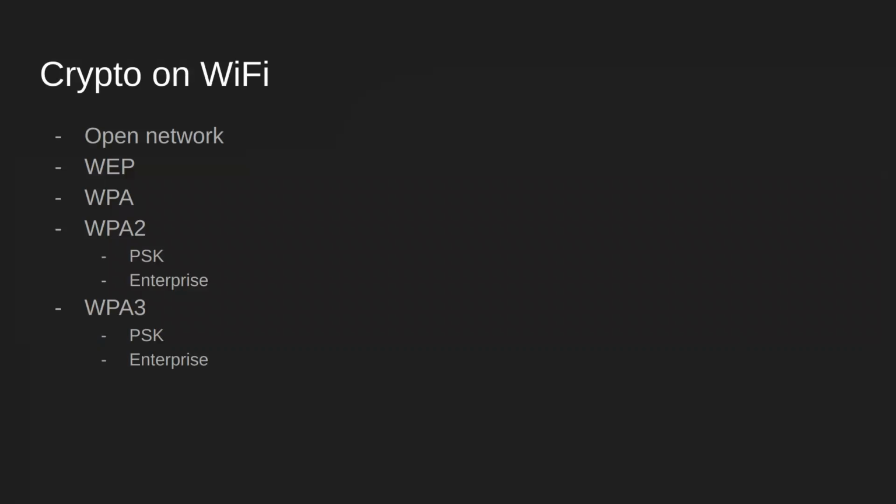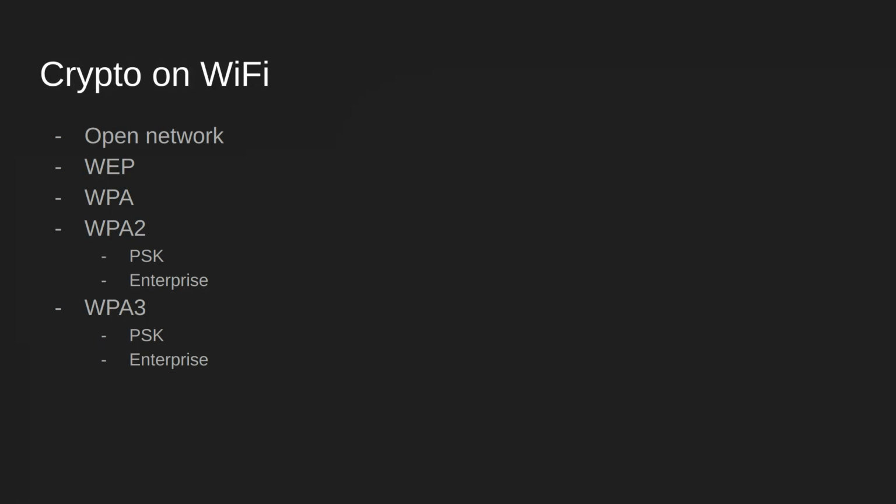So now we're going to talk about crypto, and specifically encryption and authentication schemes. There are several types available. For Wi-Fi, you can run an open network that doesn't require a password or any sort of authentication. Typically, that's seen as bad. It leaks information.